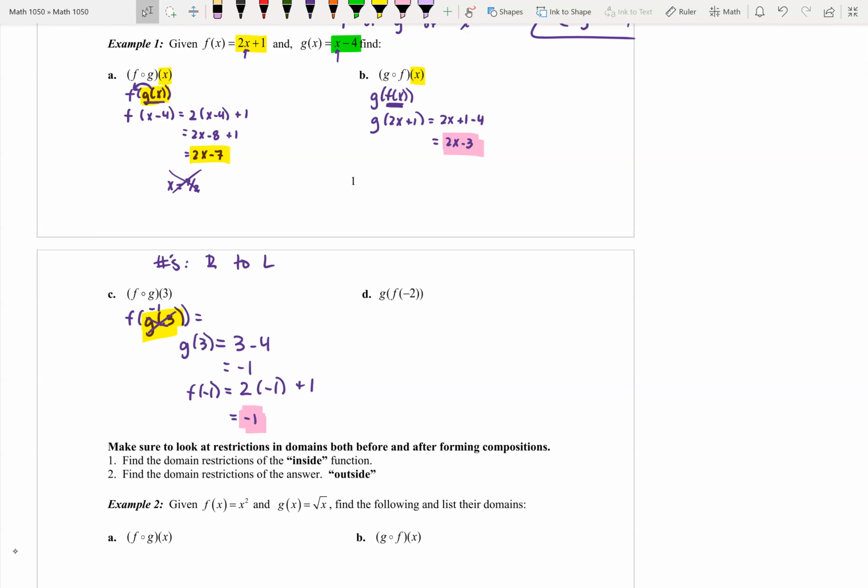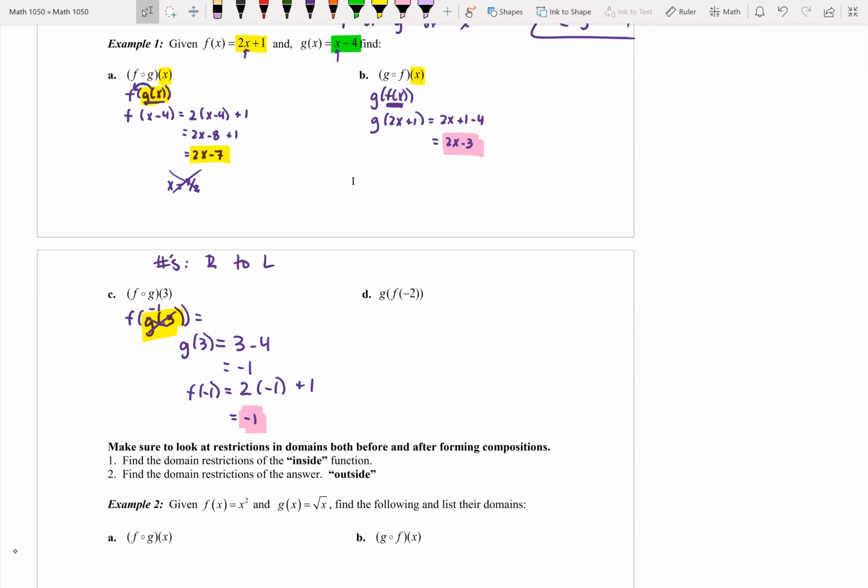That's one way to do it. Does anyone know another way to do it? Go ahead. Did you put g of x into f of x, and then put 3 in and just solve it? Yes, so listen to what he said. Confusing but correct. Take g of x, put it into f of x and simplify. Then, wherever you have an x, you put in a 3.